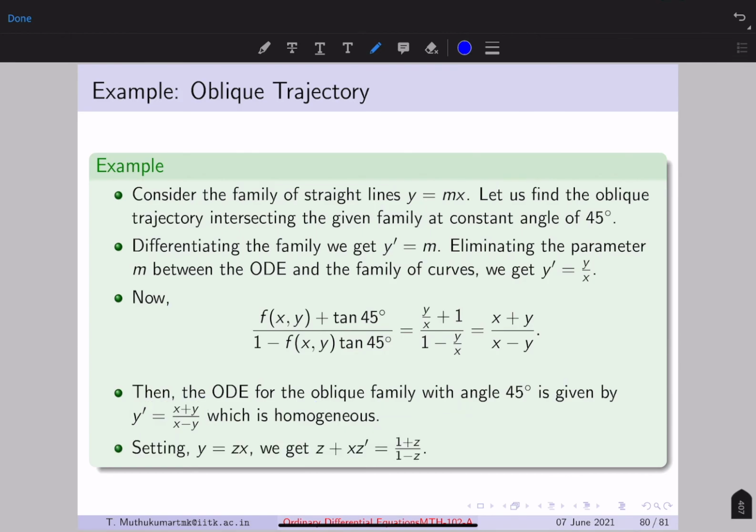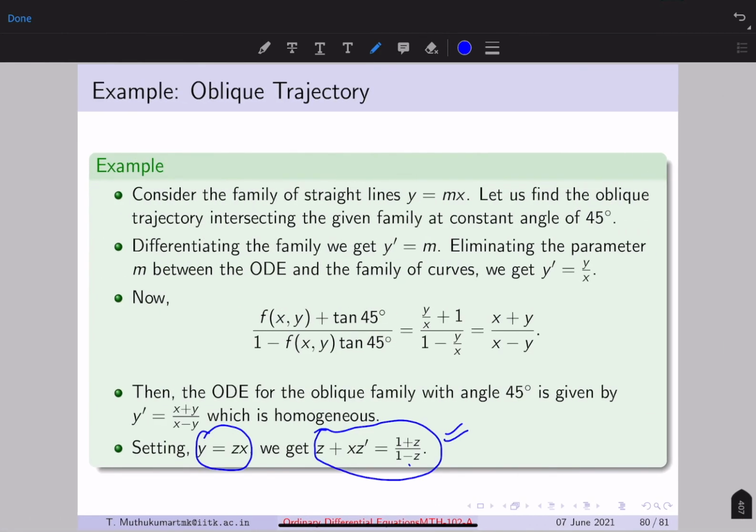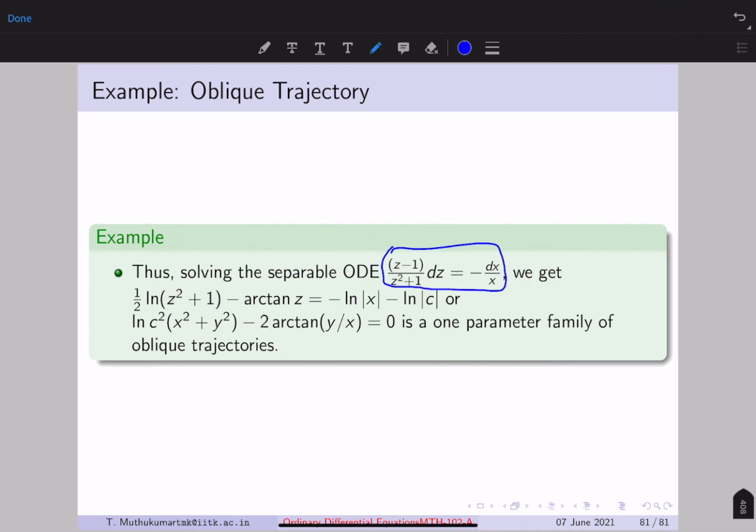So you use the transformation y over x equal to z, which will convert the homogeneous ODE to a separable ODE. Okay, so you have a separable ODE here. You solve the separable ODE. This is the separable ODE that you have from the previous slide. Whatever we have here, bring the minus z here, accumulate all z on one side and x on the other side, you get this.